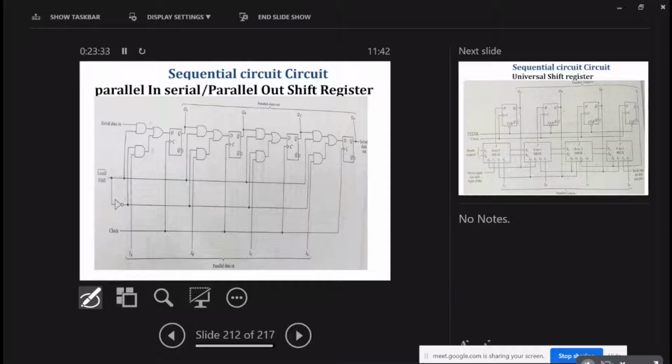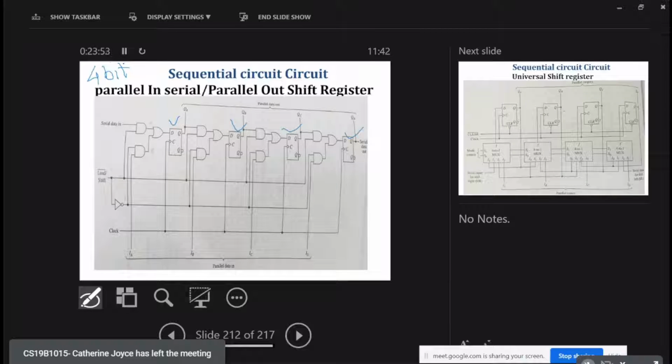Again, if we notice, this is a D flip flop, this is a D flip flop, this is a D flip flop, this is a D flip flop. Because we are talking about 4 bits, how many flip flops do we need? We require 4 flip flops.